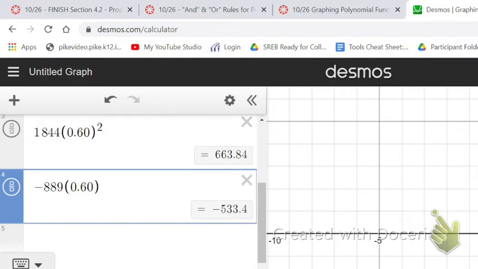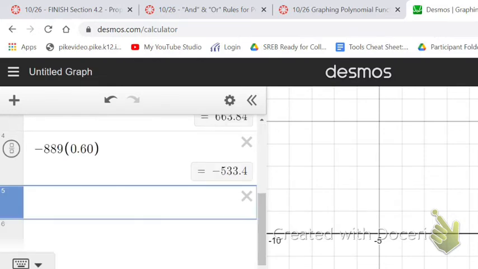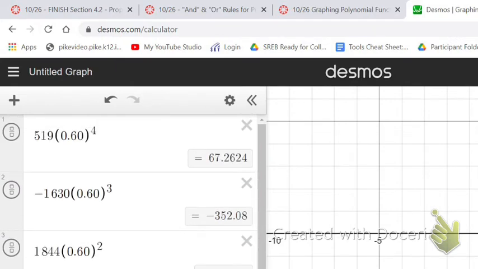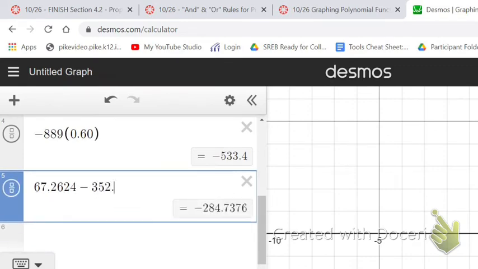All right, let's put this all together. What was the first number that we had? 67.2624. That was the first number. And then we're going to subtract the second number, so minus 352.08.